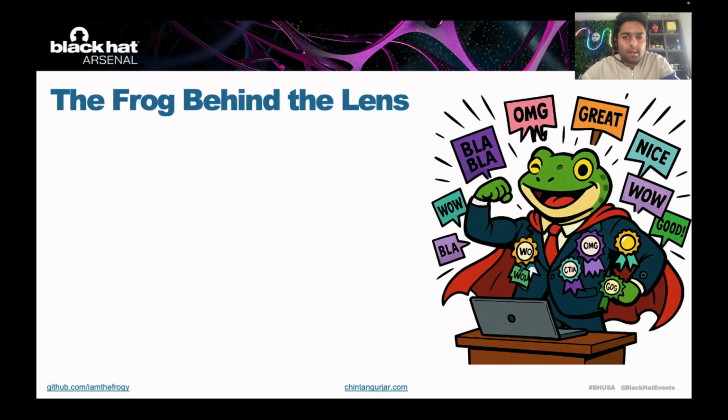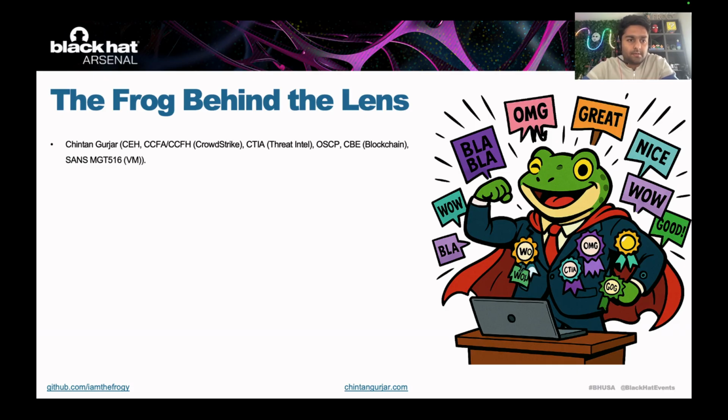Okay, so a bit about myself. Who I am, what I do. As I mentioned, I'm Chintan. I have a couple of certifications from CS to OACP, a bit in threat intel and CrowdStrike and blockchain, and also SANS MGT 516, which is enterprise and cloud vulnerability management. Overall, I have around 13 years of experience. I started my career in offensive security at consulting companies, managing and leading pen testing, security assessment, and doing hands-on activity.